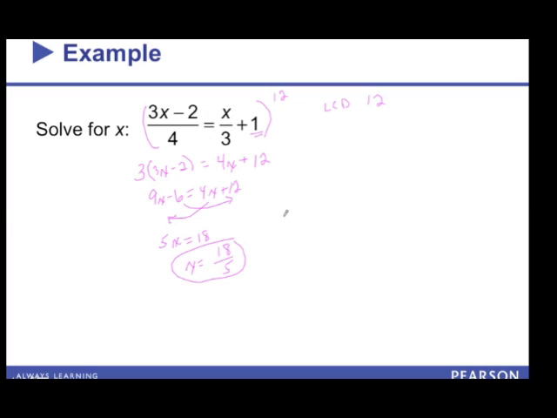Checking that, 3 times 18/5 would be 54/5 minus 2, over 4, equals 18/5 over 3 plus 1. Well, 2 in fifths would be 10/5, so that will give me 44/5 divided by 4.